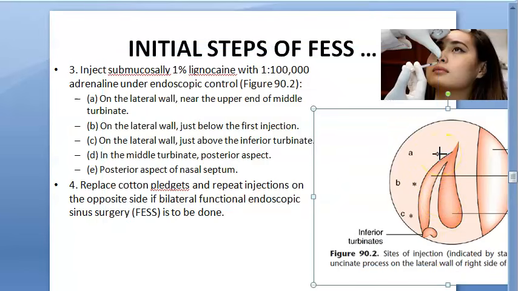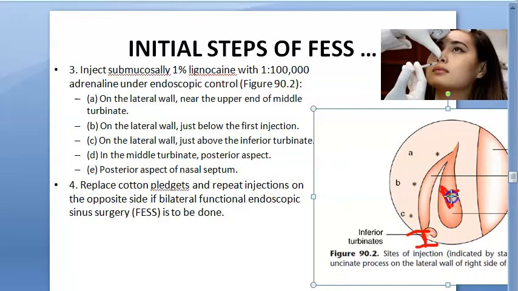On the lateral wall near the upper end of the middle turbinate, they are giving the local anesthesia injection. Then on the lateral wall again, just below the first injection, they give the second one. On the lateral wall again, just above the inferior turbinate. So where is the inferior turbinate here? The inferior turbinate is here. This is the middle turbinate.